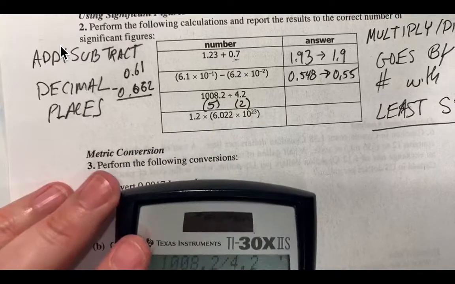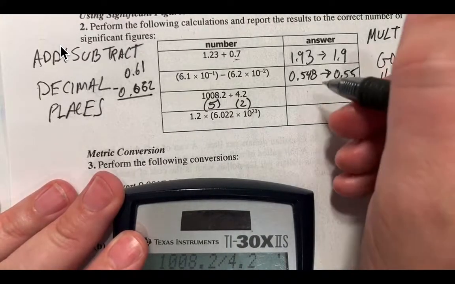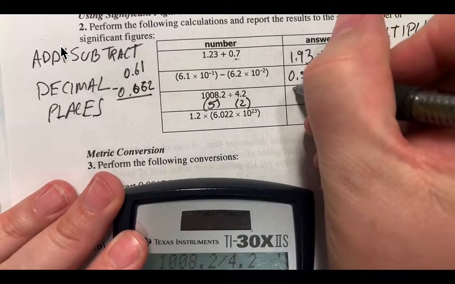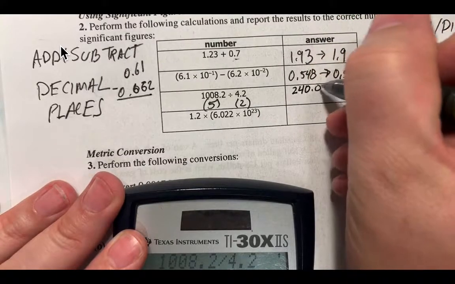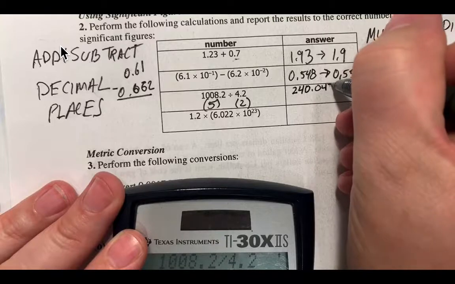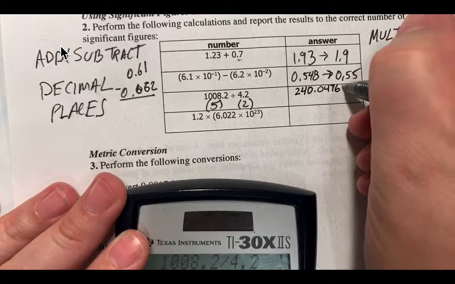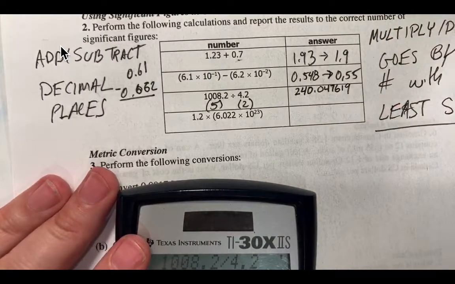My calculator spits out a whole mess, 240.047619. The answer is limited to 2.